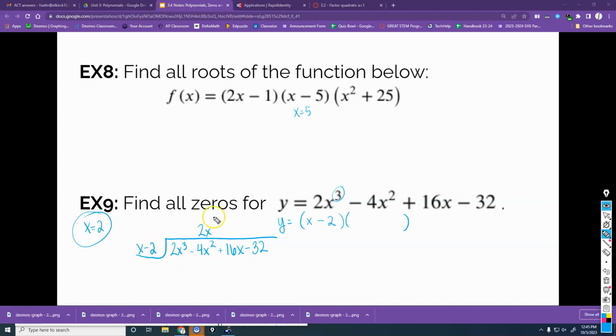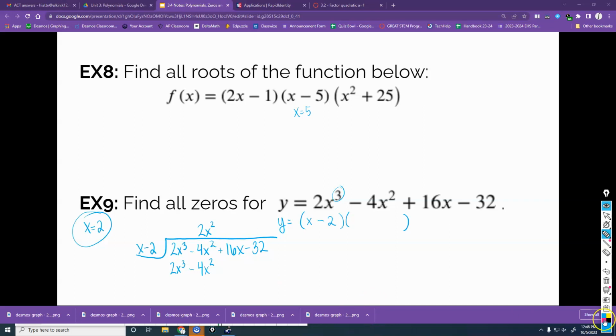I want 2x to the third, so I need to use 2x squared, right? 2x squared times x gives me 2x to the third. And then I also have to multiply 2x squared by the negative 2, which gives me negative 4x squared.